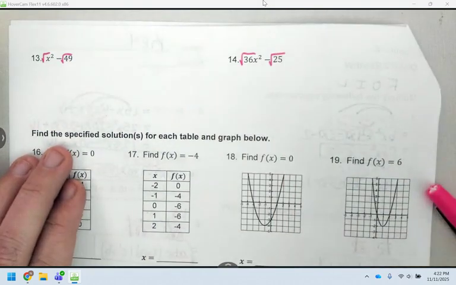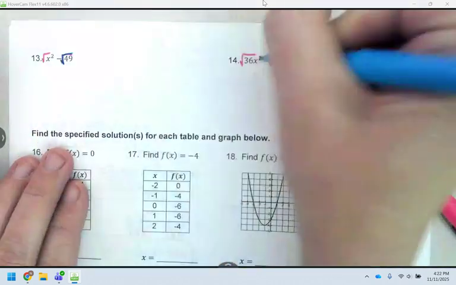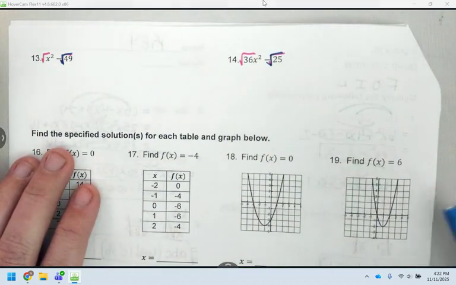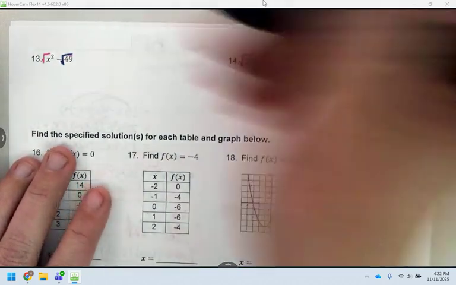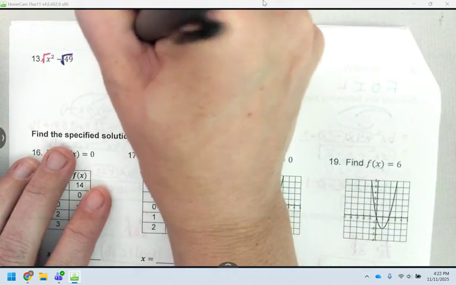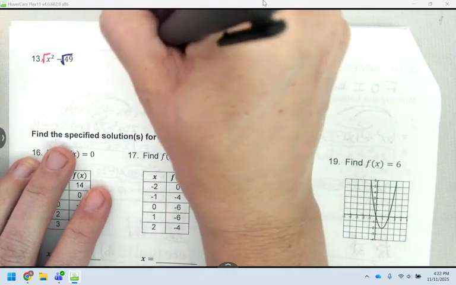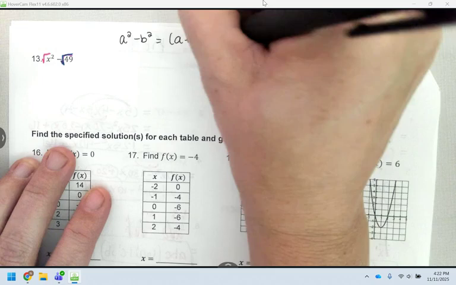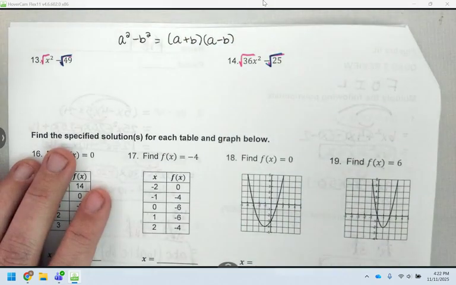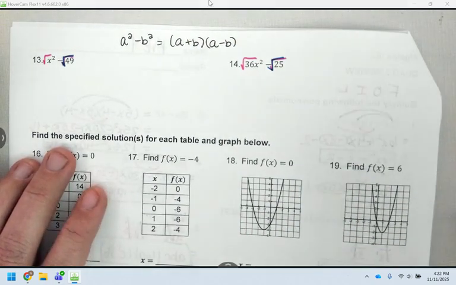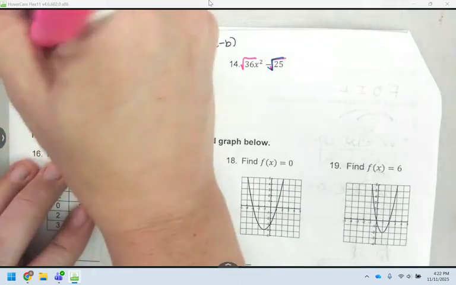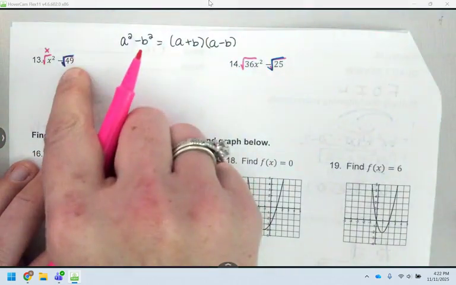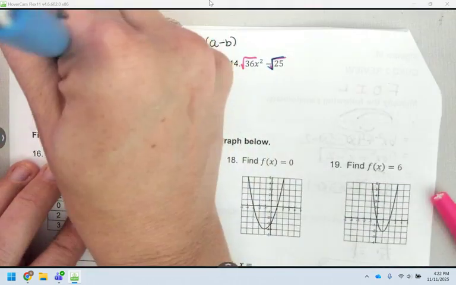I wanted to do two different colors. Then that means you can use the formula that says a squared minus b squared is equal to a plus b times a minus b. So here, the square root of x squared is x. The square root of 49 is 7.